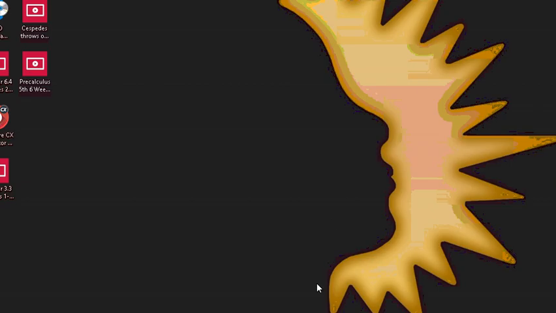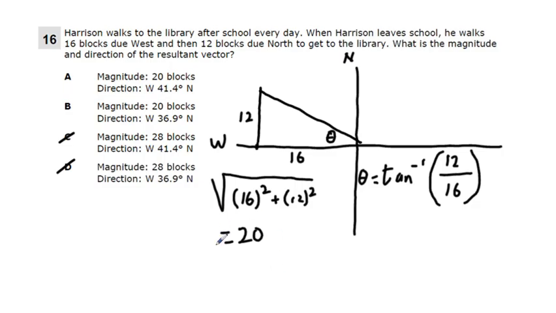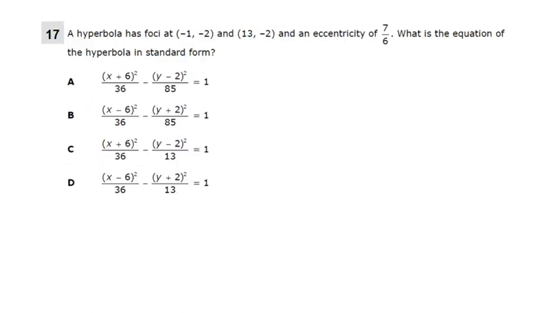17. A hyperbola has foci at (-1, -2) and (13, -2), and an eccentricity of 7/6. What is the equation of the hyperbola in standard form? Well, again, our center's x value is going to be like the one we did earlier. It's going to be the average of this -1 and 13, and to get an average, we divide by 2.